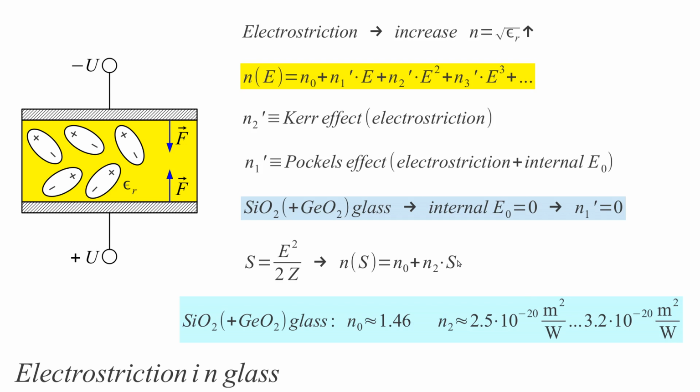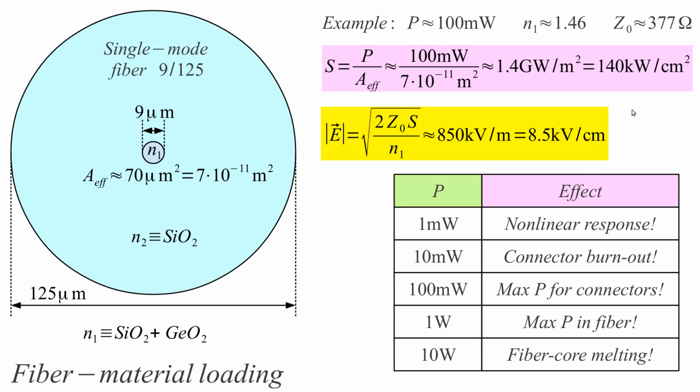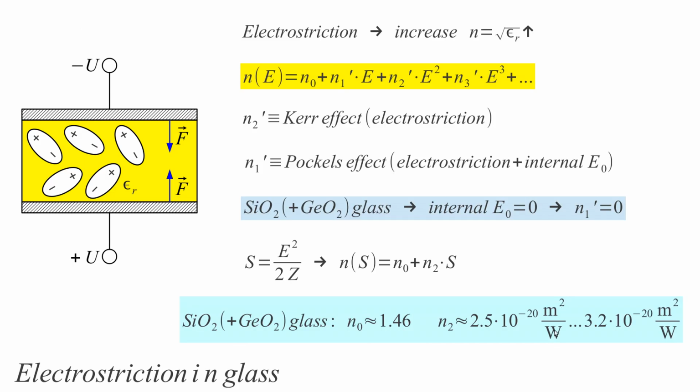Multiplied by watts per square meter of S, we get the change of the refraction index. Minus 20 is a very small exponent here. But if we go to the previous picture, we have 10 to the 9th power of watts per square meter. So this S is 10 to the 9th power.